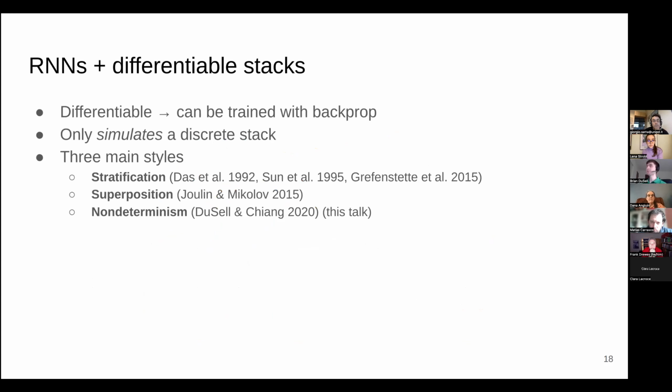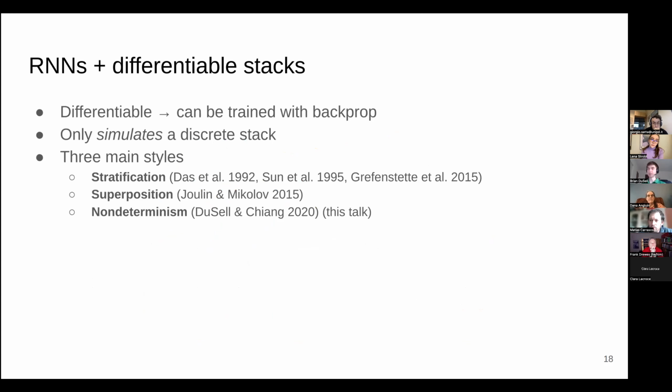All right, so now I'm going to move on to talking about how we combine stacks with recurrent neural networks. All the neural networks we're going to be talking about in this talk are recurrent neural networks. I'm only going to be focusing on what are called differentiable stacks. So we're not using reinforcement learning or anything like that.